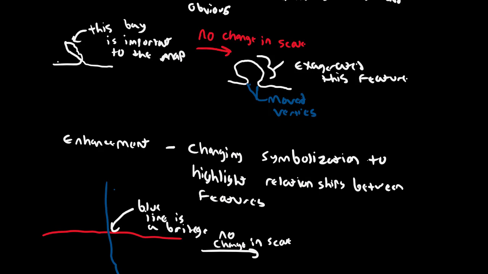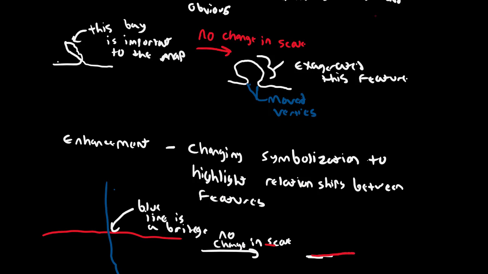And so what we might do symbolically is we might do something that looks like this. We might take our red pen here and do something that looks like this.